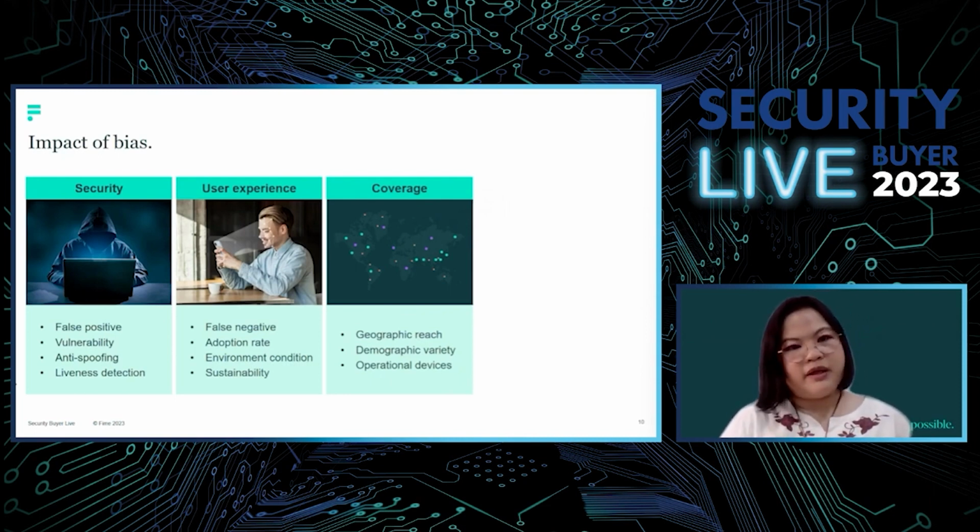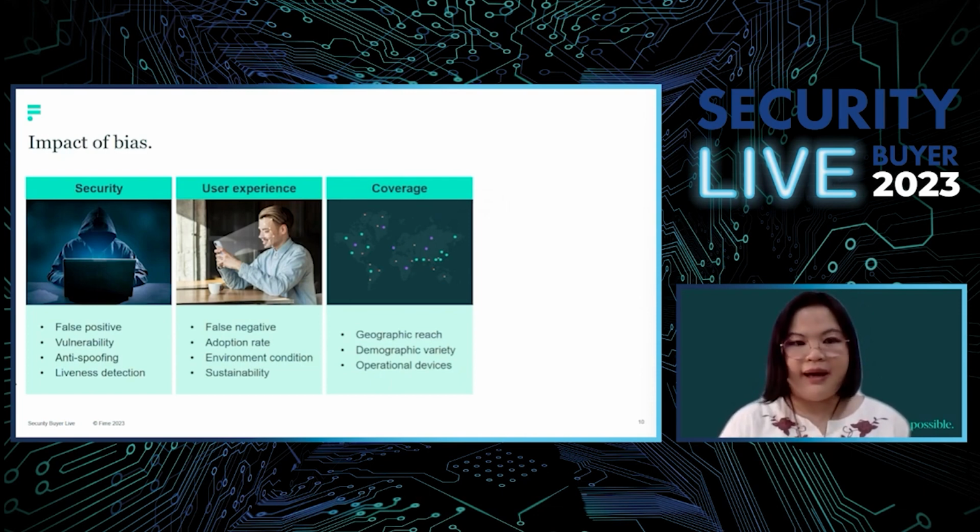And the second pillar is the user experience impact. False negatives are the indicators of this area. So, for example, I'm the user and I try to unlock my phone, but after 4 or 5 times, I still cannot use it because I have a sweaty finger. In this kind of case, it happens. I think it's still quite common.